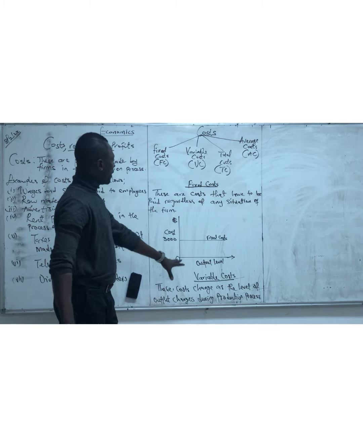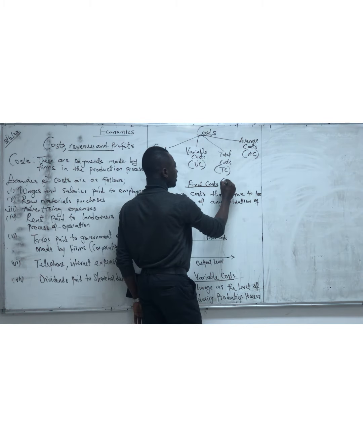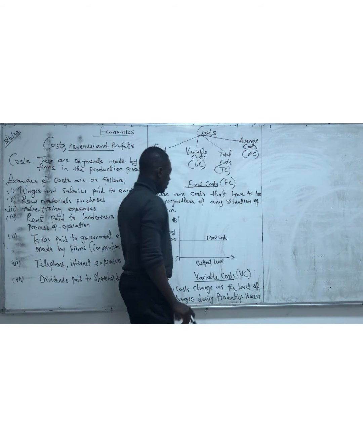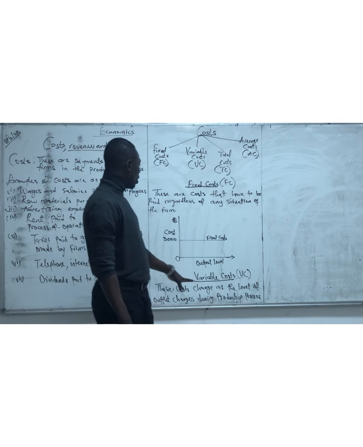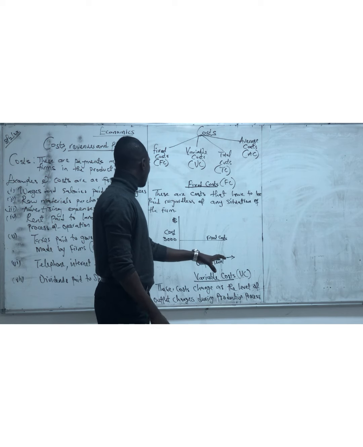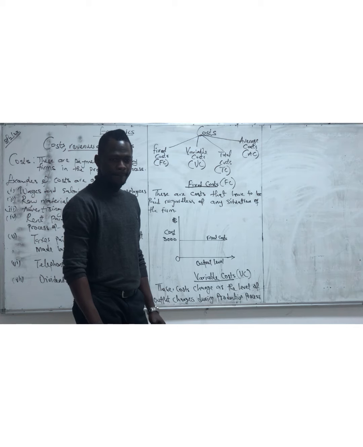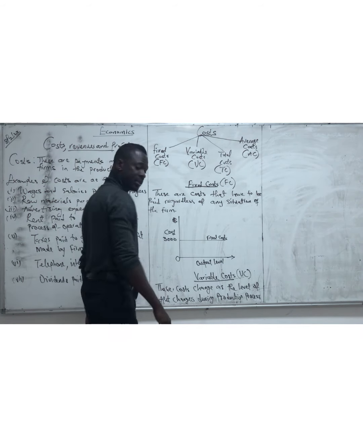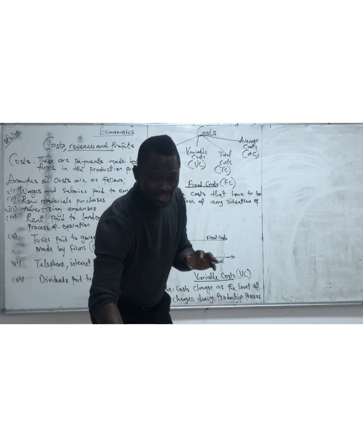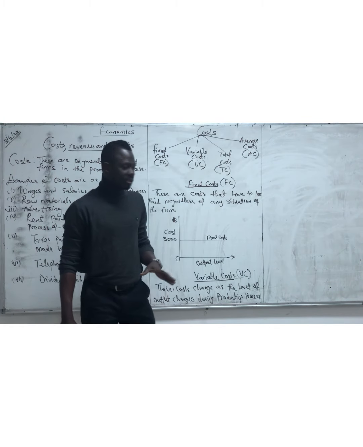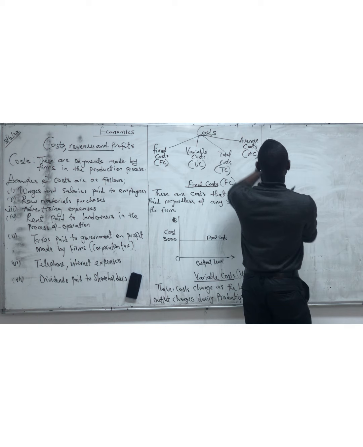So for variable costs, this is FC, VC. These costs change as the level of output changes. Is it clear? Alright. So for variable cost, it is not constant. It changes, so you don't have a definite amount of cost. So you can graphically represent it as this.